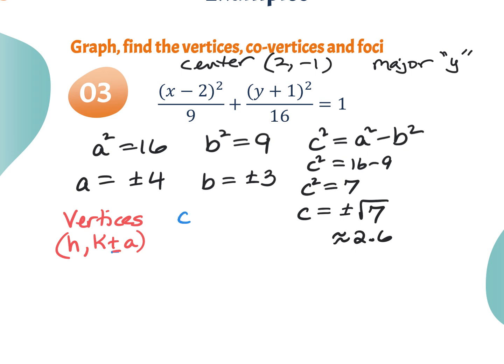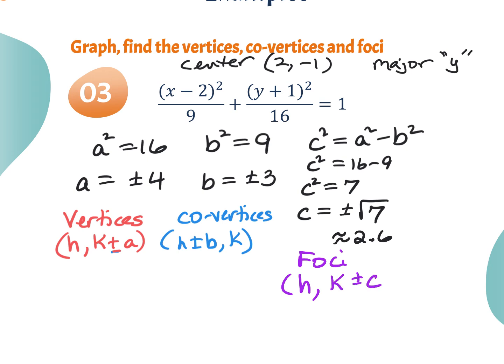And then the co-vertices, we would take the ordered pair h plus and minus b, comma k. And then for the foci, it's on the major axis, so h comma k plus and minus c.